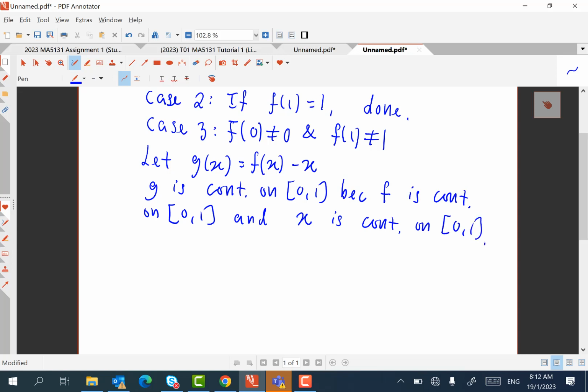To write it like this is very funny. Maybe I should just not say this, because saying x is continuous on the interval is very funny. I think that's good enough, because this function is continuous, and this one is a kind of polynomial, and we know that a polynomial is obviously continuous throughout the entire real line.